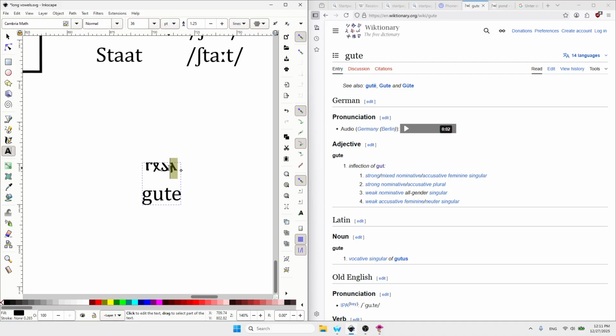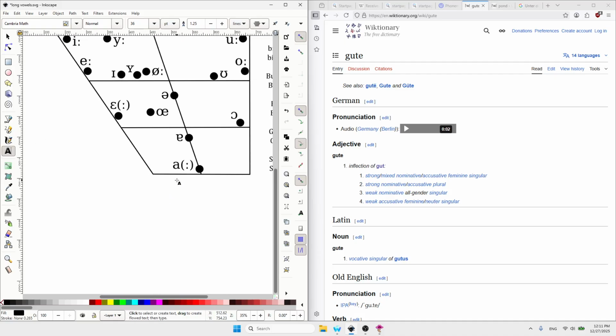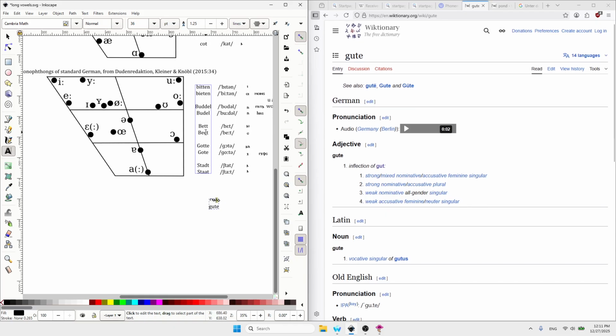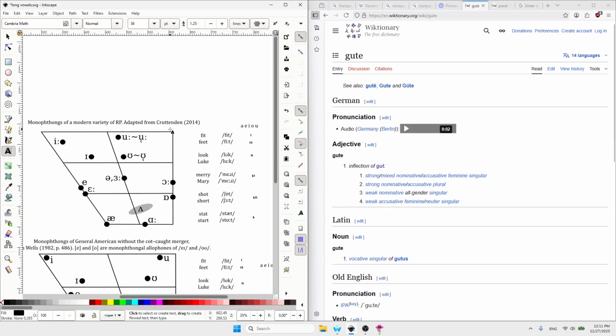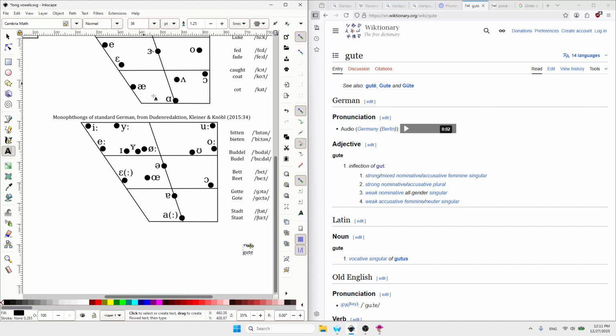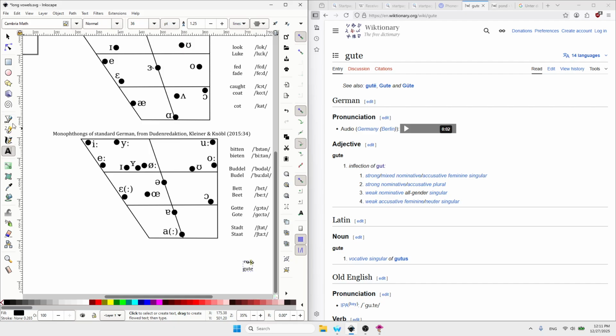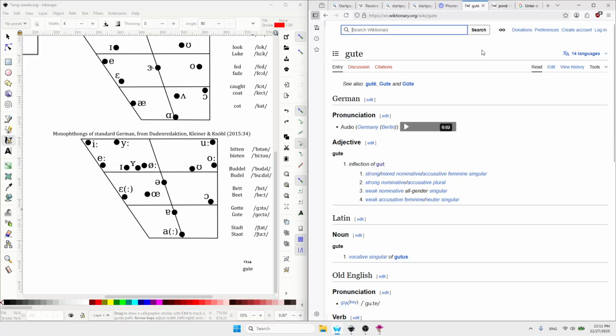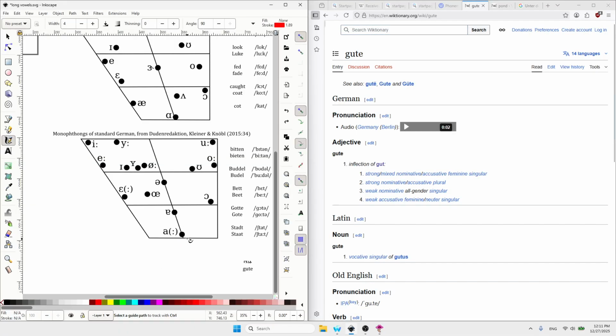The A, however, does not represent a schwa. At least if it does, we don't really know that because it's just written like an A, which would indicate that it's pronounced somewhere here, or even somewhere here. It's really hard to tell the exact location, but I would aim for around here.